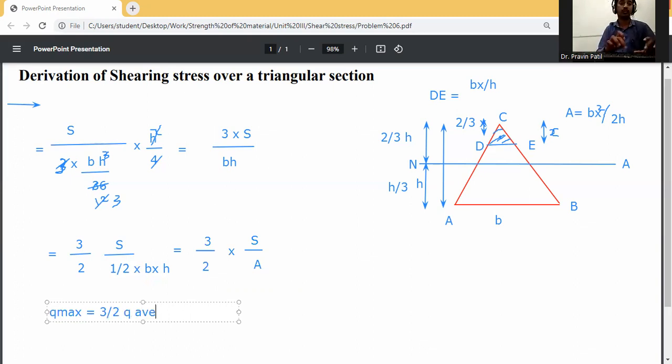This one is for maximum stress, which will be at H by 2 from the top. So S by area will be Q average. It will be 3 by 2 into Q average.